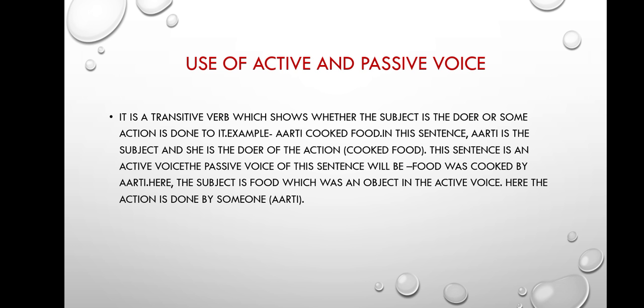In this sentence, Aarti is the subject and she is the doer of the action. She cooked the food. This sentence is in active voice. The passive voice of the sentence will be: food was cooked by Aarti.